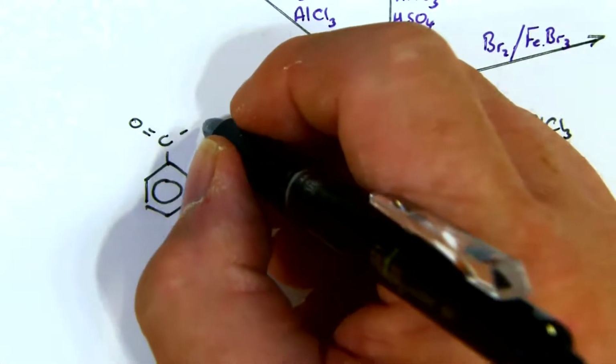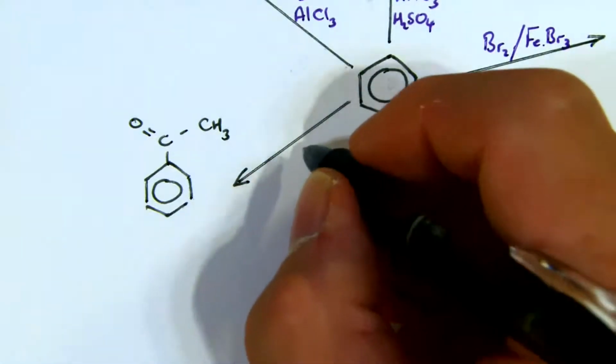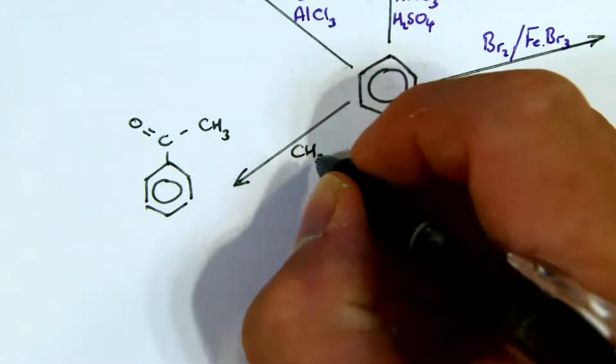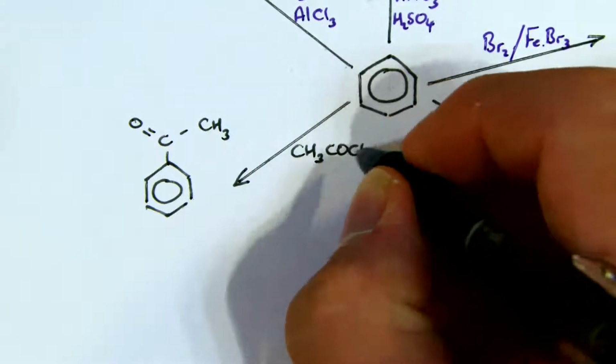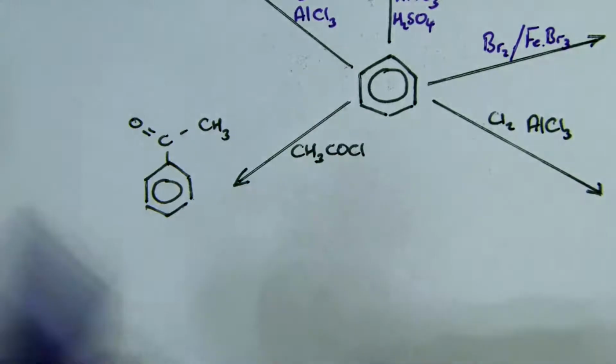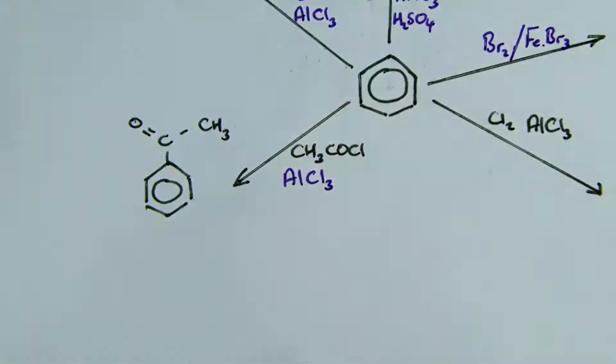Let's just put an acetyl group on here. And to do that, I would start with something like CH3COCl, and I'd use with that my aluminium chloride.